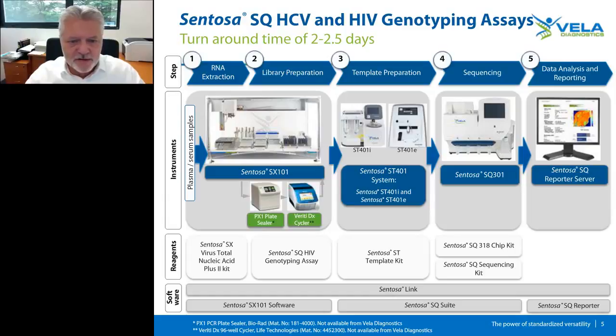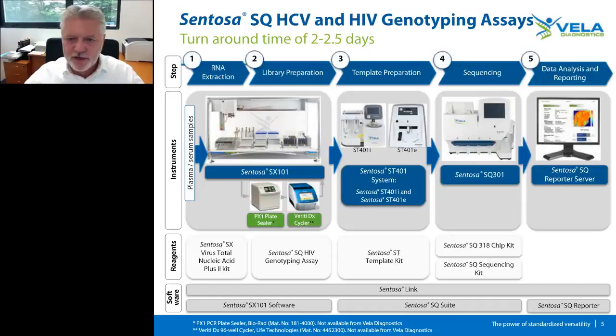The Sentosa SX101, which I already mentioned, is a robotic sample preparation system. Then we use additional systems for PCR, like the Verity cycler, followed by template preparation on the ST401, sequencing on the Sentosa SQ301, and then the Sentosa reporter gives you all the data in a comprehensive summary.